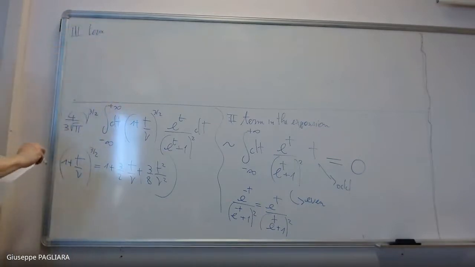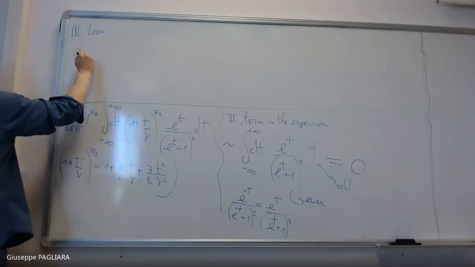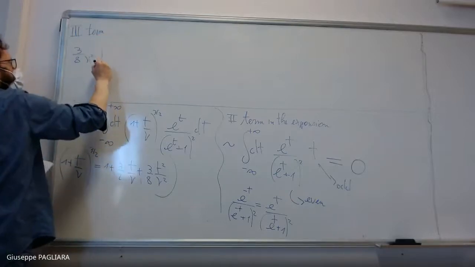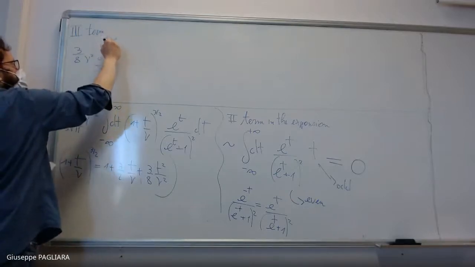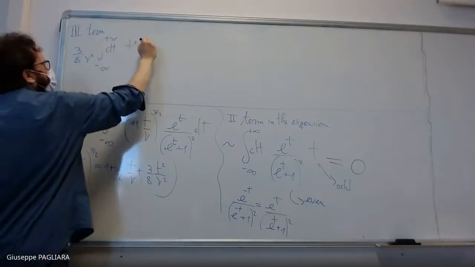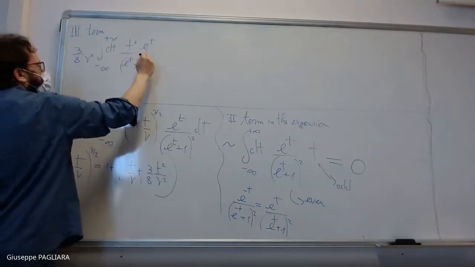I have a 3/8 divided by mu squared, and then I have the integral from minus infinity to plus infinity of dt of t squared e^t over (e^t + 1)^2.